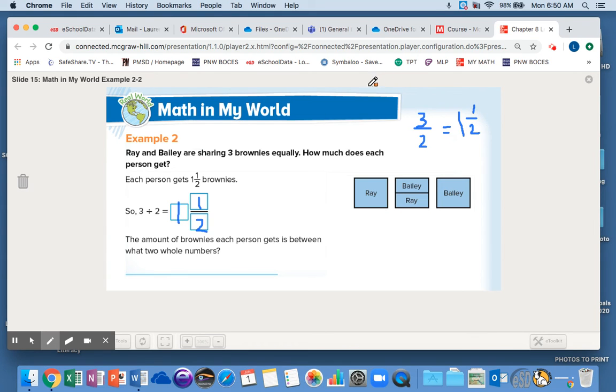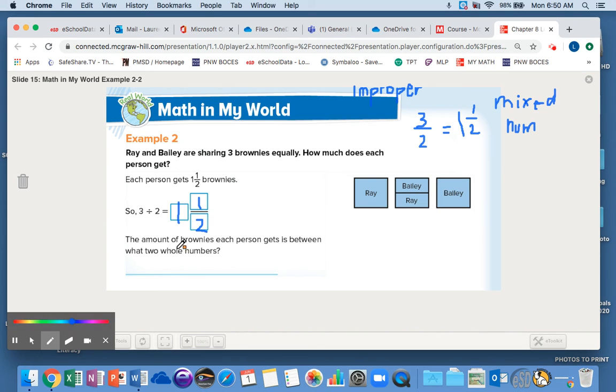So I'm going to write it quick just so you can see. This is an improper fraction, and then this is a mixed number, and we're going to get there. This is baby steps. We have to go slow with fractions, okay? And some of you might say, oh, I remember this from last year, but it was a long time ago. Okay, and that's a mixed number.